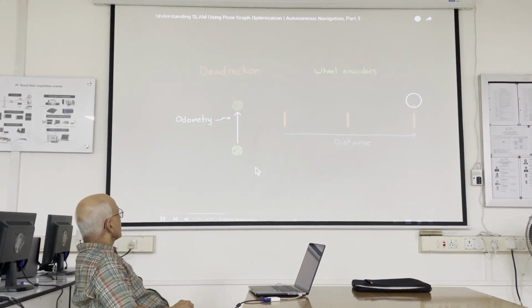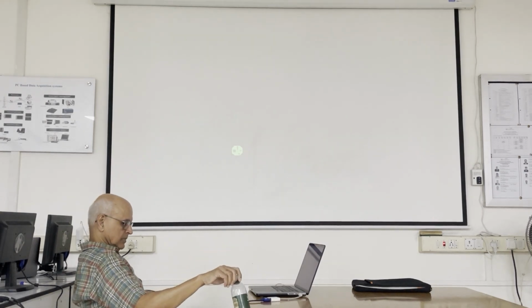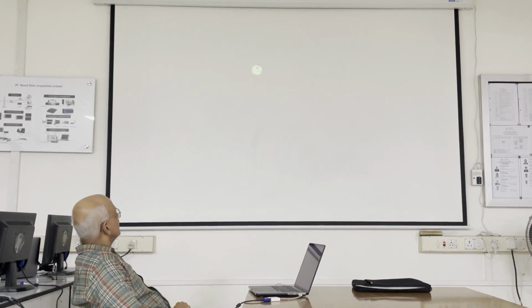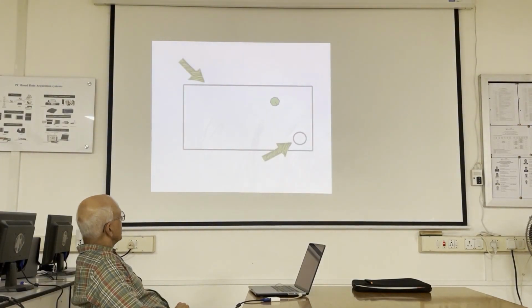So the question is, how can we use these sensors to understand what the environment map looks like and figure out the robot's pose over time? Well, let's start with a simple mapping problem. Here, I've placed the robot in a rectangular room with a circular obstacle in the corner. We can see this map and see where the robot is, but it has no idea either. To it, it's just in an unknown void.